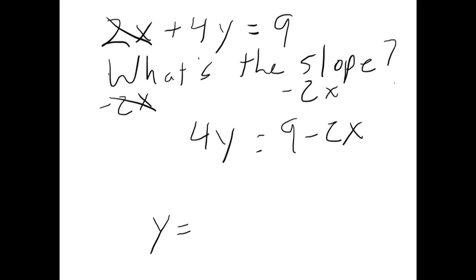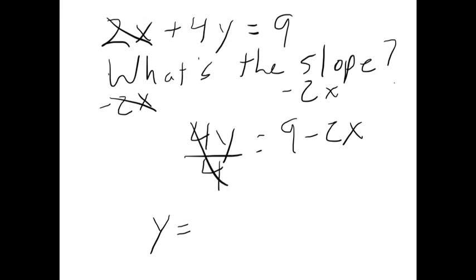We're going to divide both of the terms on this side by 4. This time, instead of leaving this as a complicated fraction with a variable on top, I'm just going to divide both terms here, 9 and negative 2, by 4. The reason I do that, of course, is so that I can cancel it on this side, leaving me with just the y that I'm looking for, y by itself.